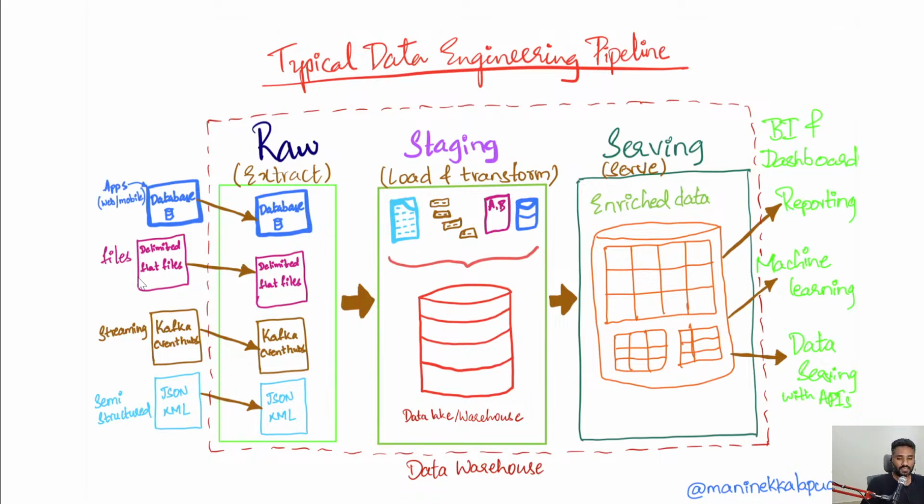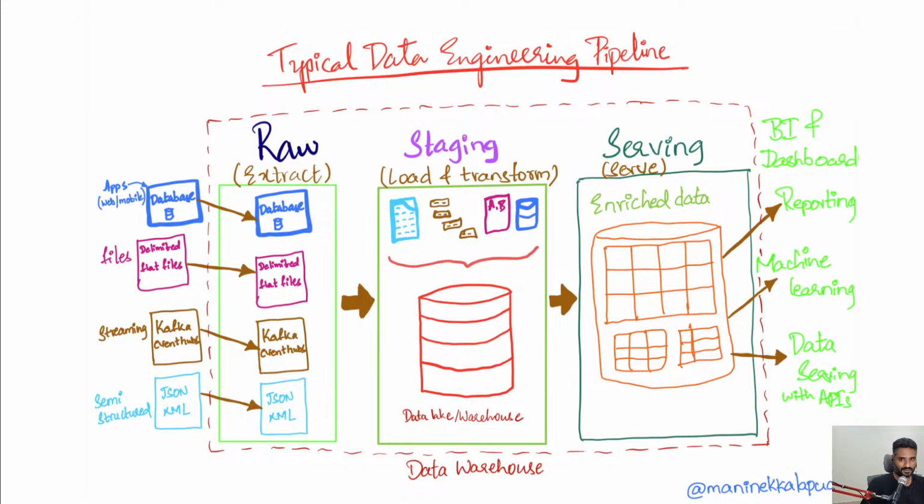Once that is done, we will understand how to ingest the data into our raw layer, which is the first layer of our data warehouse, and then we will start transforming the data once it is available. We will also check for any business related transformations that need to be done here.